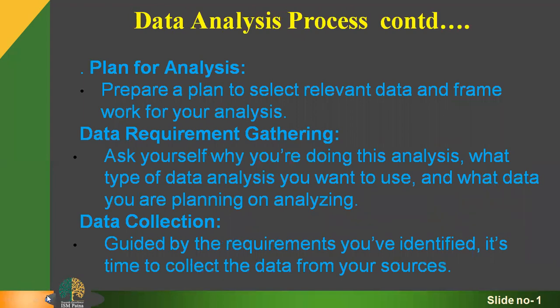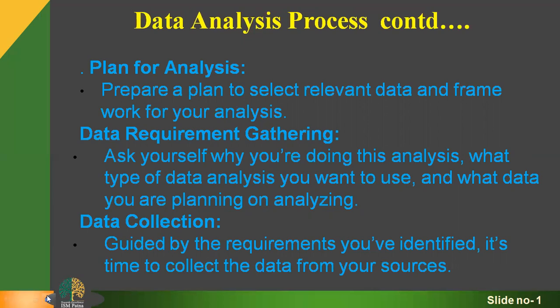Now, the data analysis process in detail. If we look carefully, various steps are involved in data analysis, as in other cases which we have seen in past sessions. The first thing is to plan for analysis.